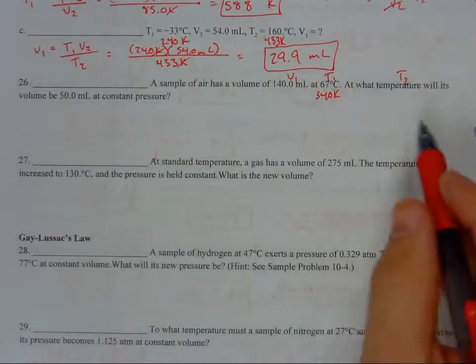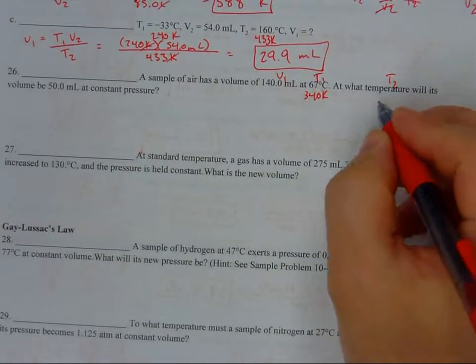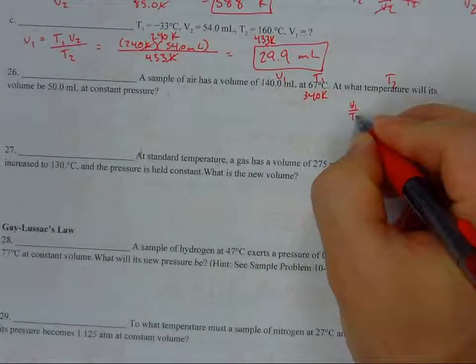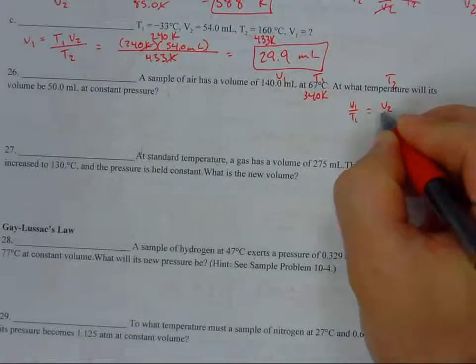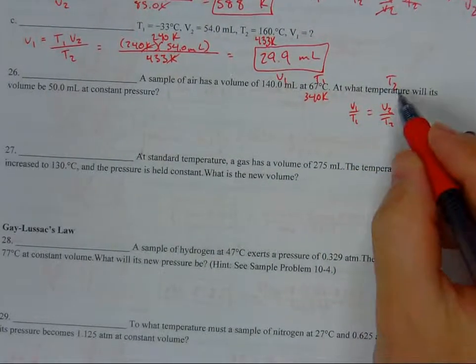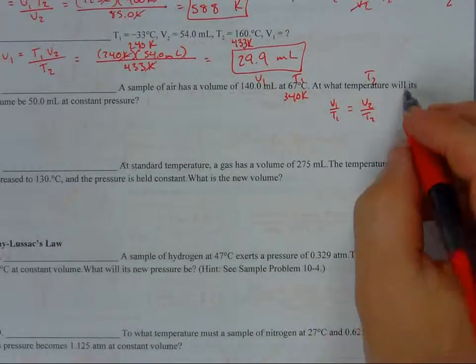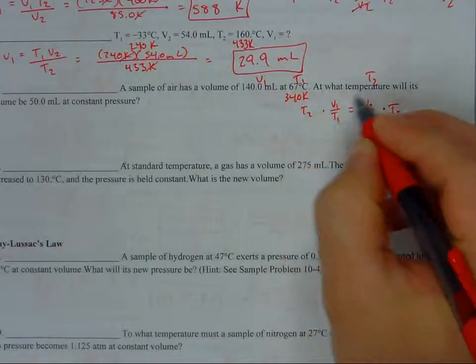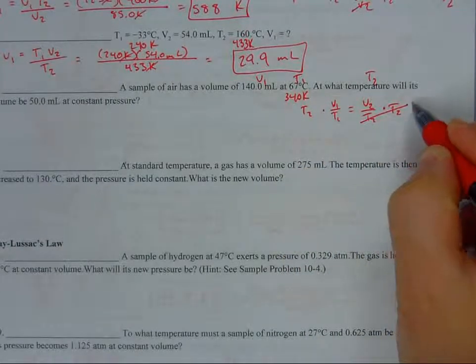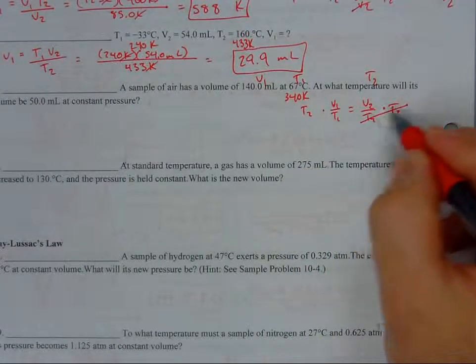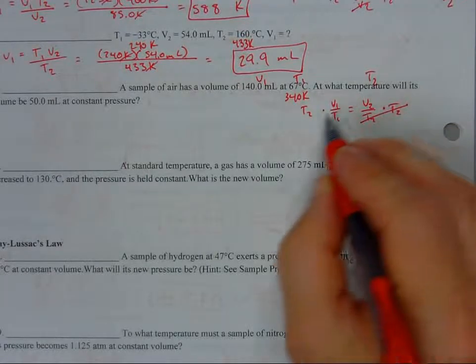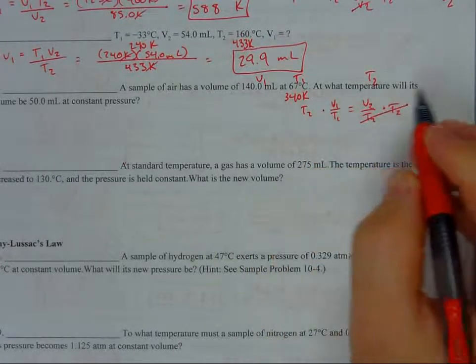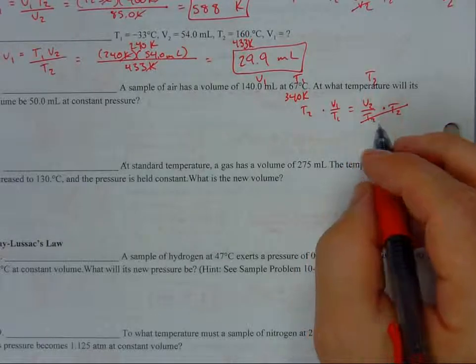So we need to solve the equation V1 over T1 is equal to V2 over T2 for T2. I'm going to get T2 onto the numerator by multiplying both sides by T2. That cancels T2 on the right side, but it does get it as a numerator on the left side.